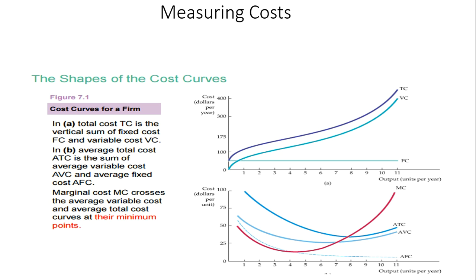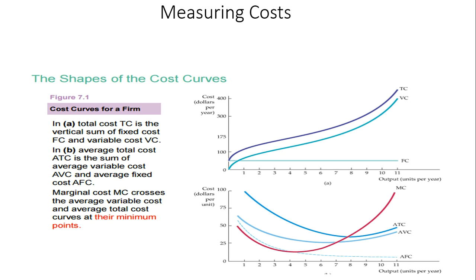Beyond this point, marginal product will be higher than average product, and because of that, average product will also start rising, just like we did there, only that it's just a reverse. So we have the marginal, which is taking that shape, and then we have the average total cost there.